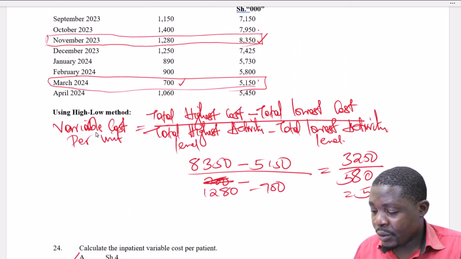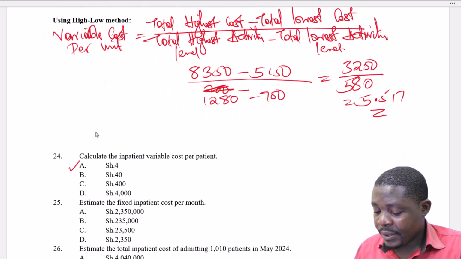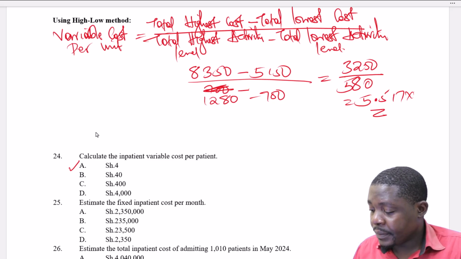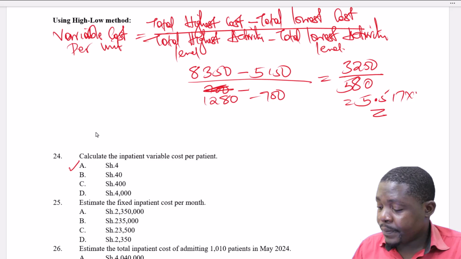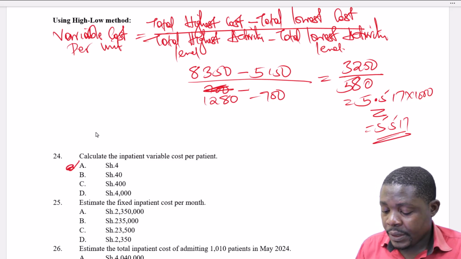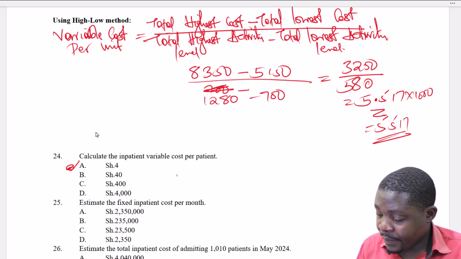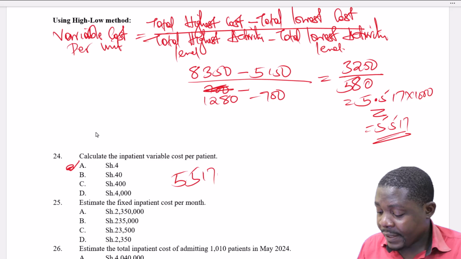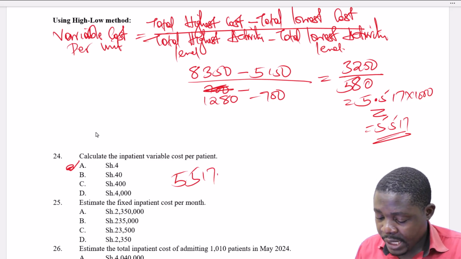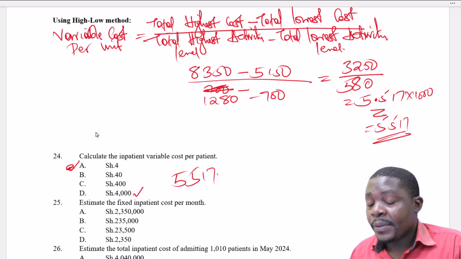Therefore, you just multiply by 1,000, and you should be getting 5,517. The answer should be closer to this one, but I'm not saying that this is the answer because according to our answers, they didn't give us the correct answer. Now this one was a bit closer.